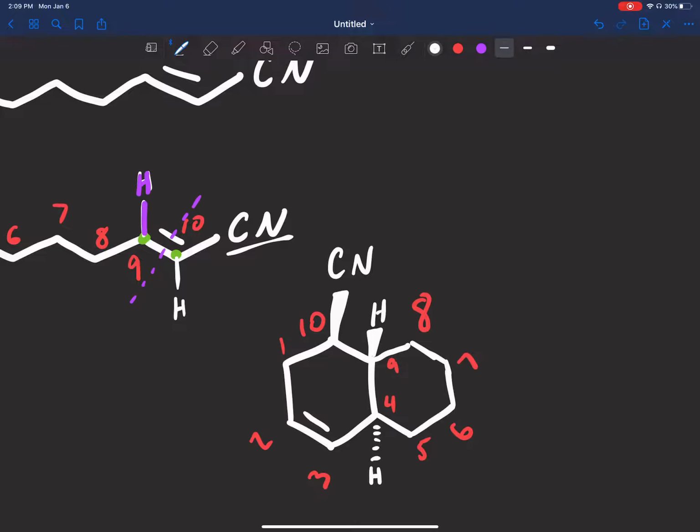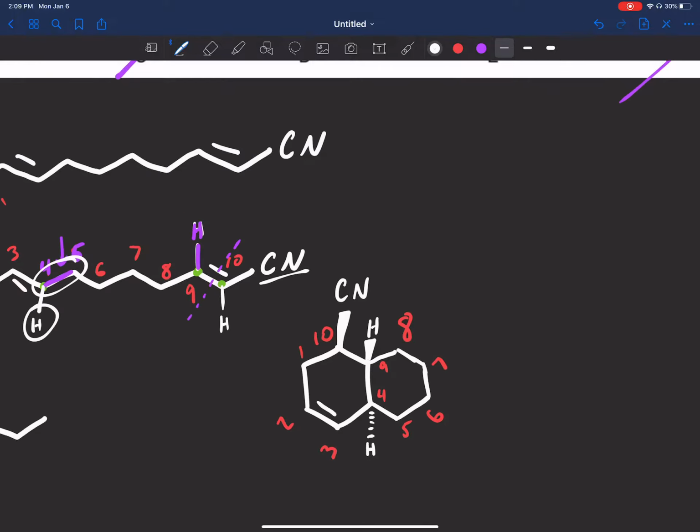which again would make a little bit of sense, right? If the CN and the hydrogen have the same stereochem, then this single bond right here between 8 and 9, since it's trans to CN, should have opposite stereochem.